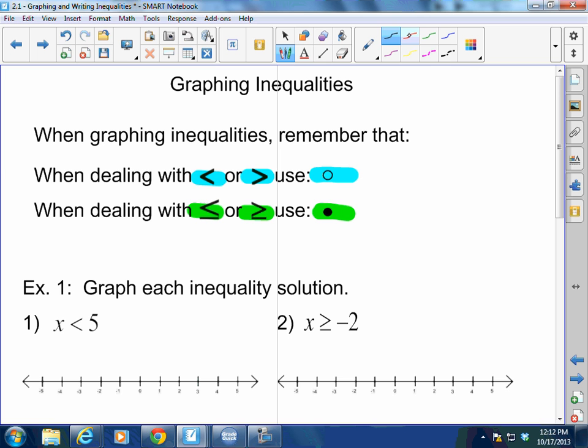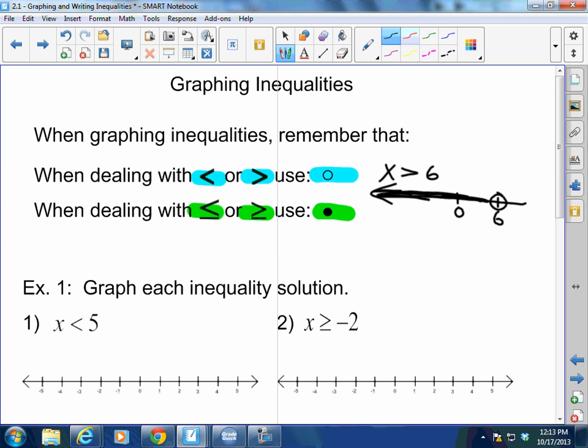Why? Let's think about this. If I tell you that x is greater than 6, that means that every single value less than 6 is acceptable, correct? So everything to the left of 6 is acceptable, right? But 6 itself is not included, right?